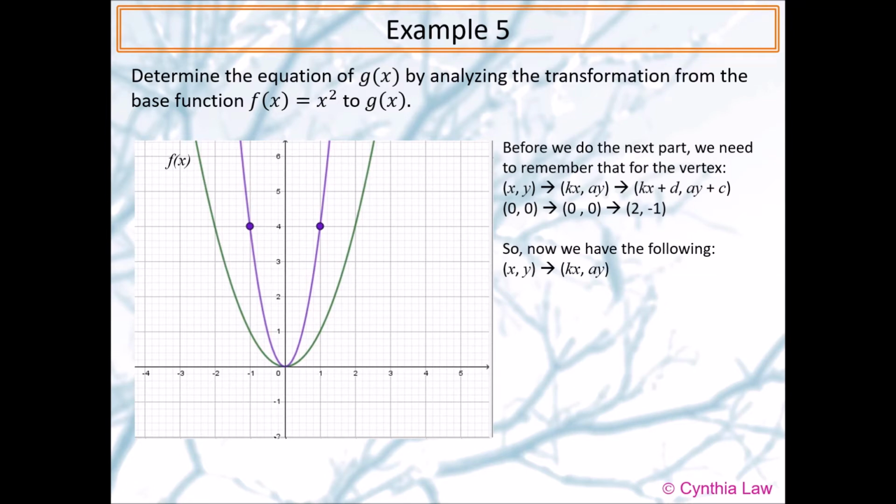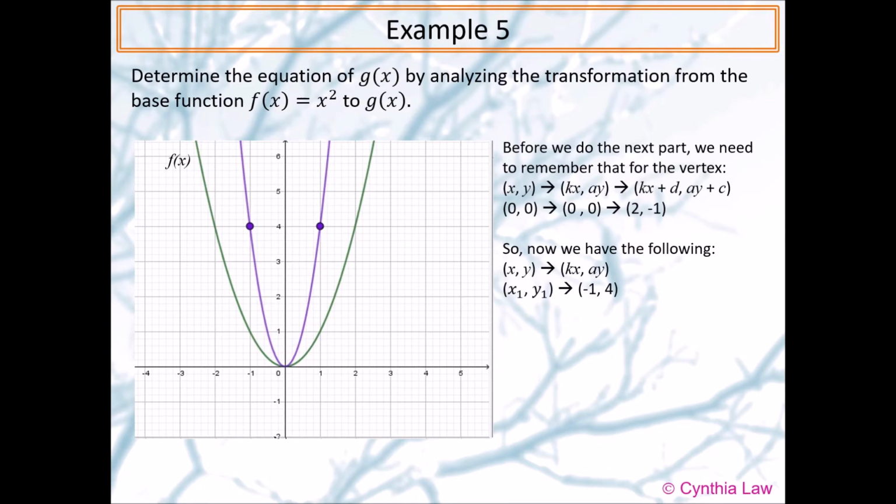We can focus on starting from f of x, and we want to transform to the stretch or compression. So we could have a horizontal stretch or compression by a factor of k. We can also have a vertical stretch or compression by a factor of a.